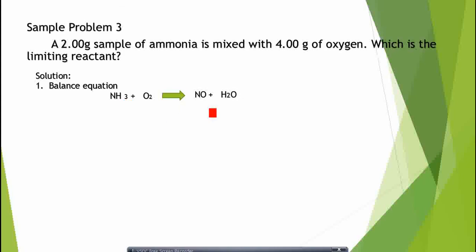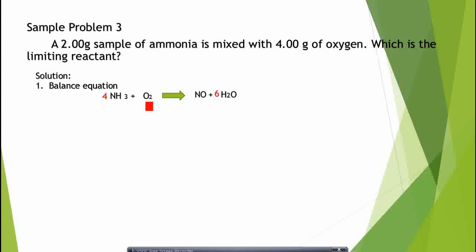Hydrogen 3, hydrogen 2, not balanced. So let's put here 4. 4 times 3, 12. In the product, we have hydrogen is 2, and let's put here 6 to make it 12. So 12, 12, balanced.